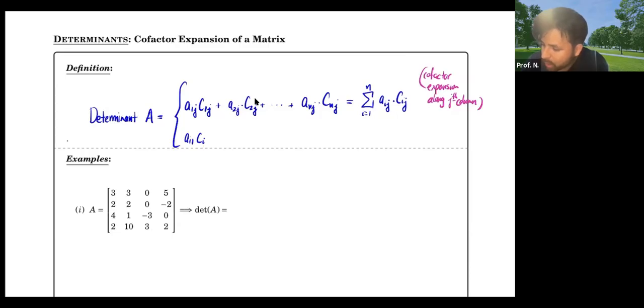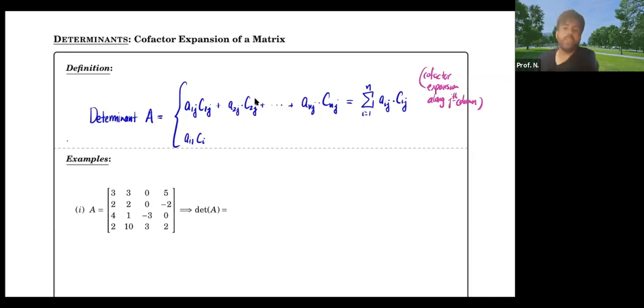This is a summation as j goes from 1 through n of aij times Cij. This is the cofactor expansion along the ith row.